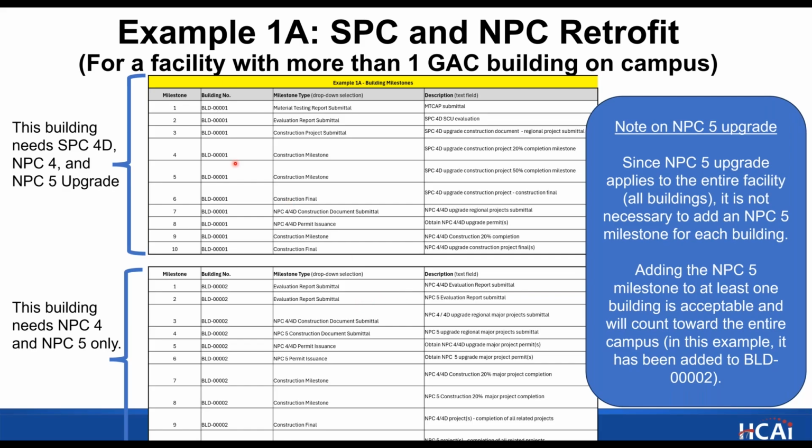So in this example, this one is very crowded. It has the SPC 4D, NPC 4, and NPC 5. So we left the NPC 5 off of this one and included it down here. So in this building, I'll run through these as well. So start with the evaluation report. That's the NPC 4 or 4D evaluation report.